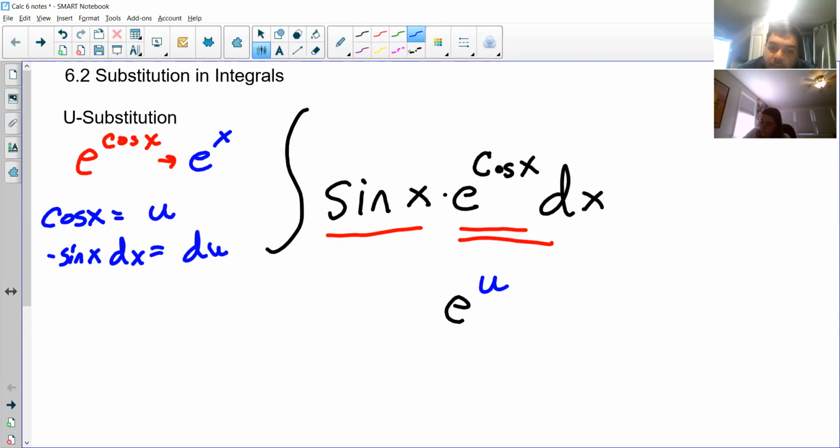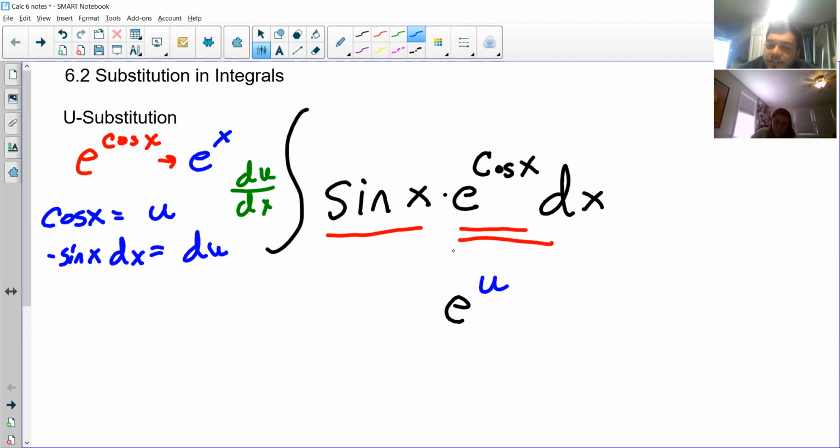Where does the dx come from technically? Remember, when you write a derivative, it's d whatever variable over dx. So we technically multiply by dx on both sides. So dy/dx, and then you multiply dx on both sides. Or du/dx, you multiply dx on both sides. So your goal is to substitute and change this to u.